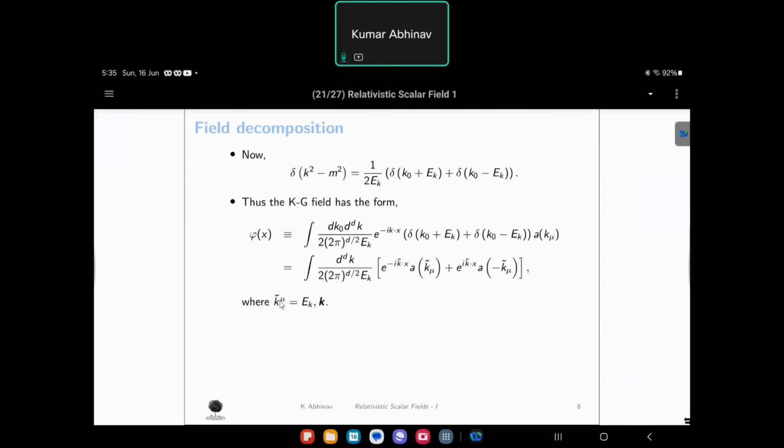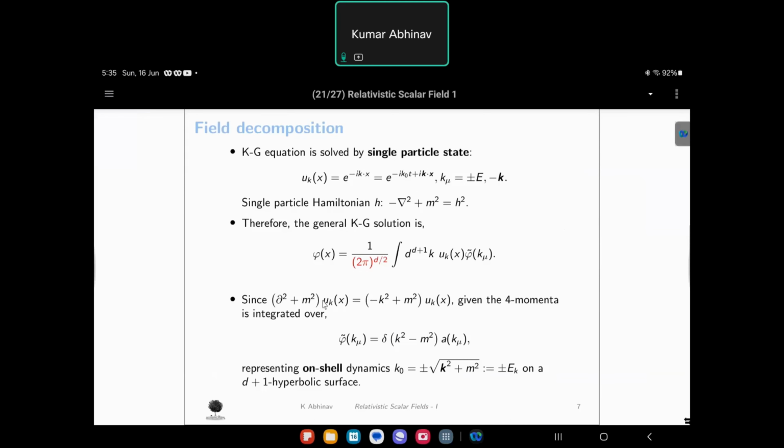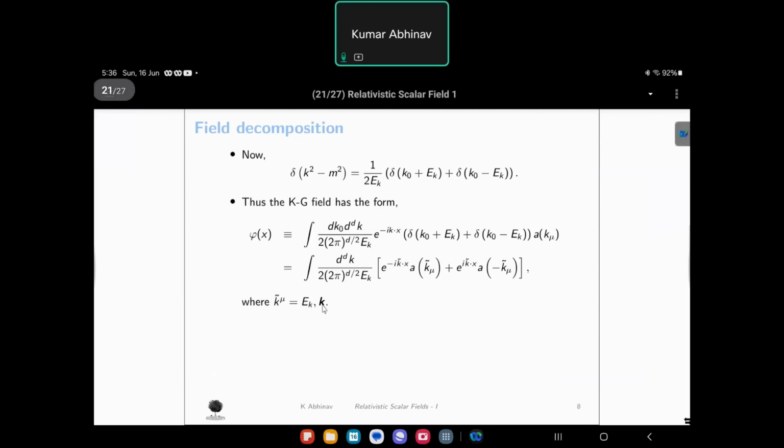So this k tilde actually has only three variables here, or in d dimensions it has d variables, and k naught has been integrated out. So E_k now is always on shell. It is the energy of the particle with momentum k. Earlier, this E and k were totally independent. E was an independent component of the four-momentum, but now this E_k is dependent on k.